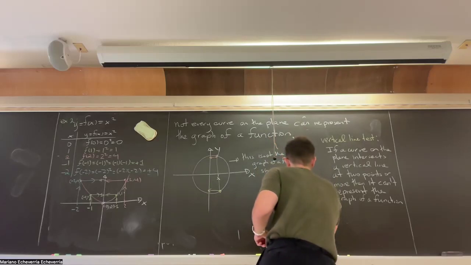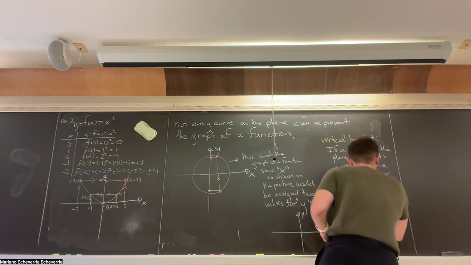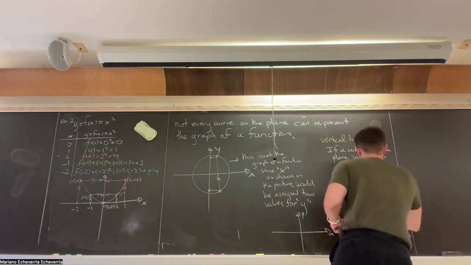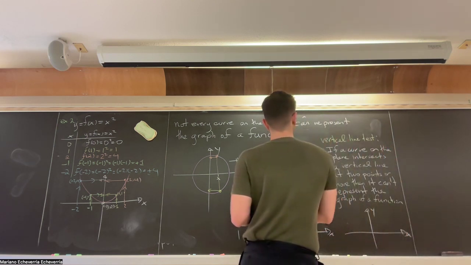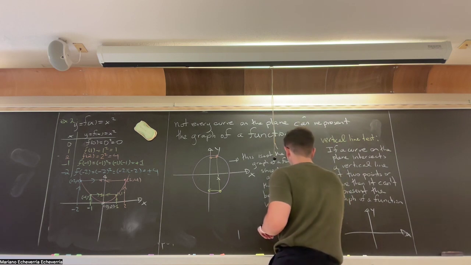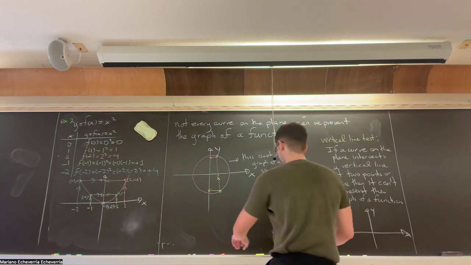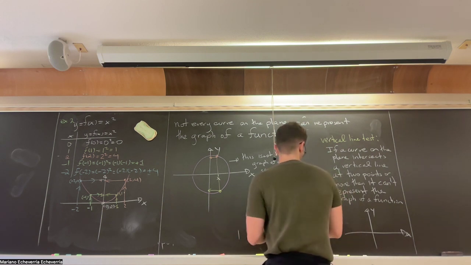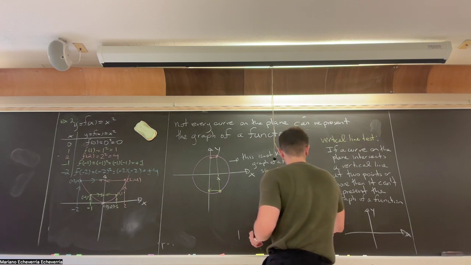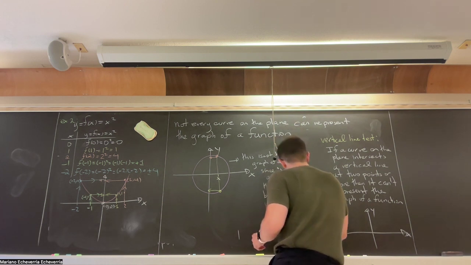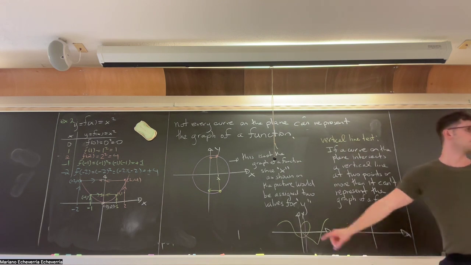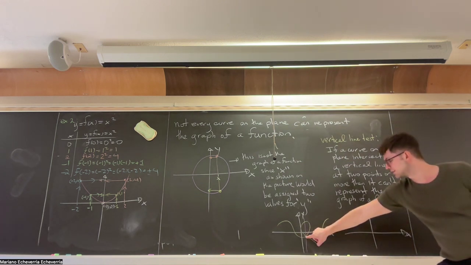So just to draw one thing that works and another one that doesn't. Something like this. This one fails, so it doesn't represent a function because, for example, if I draw this vertical line here, the purple line crosses the curve at this point and at that point.